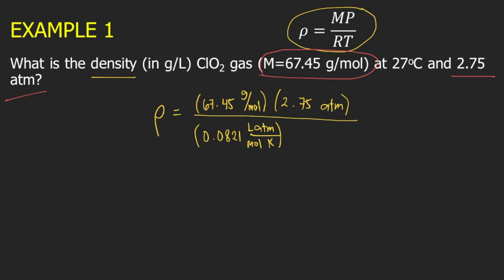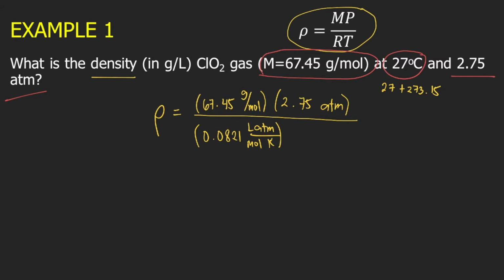Remember, as I told you a while ago, the temperature must be in Kelvin, and the given in the problem is 27 degrees Celsius. So we will convert first degrees Celsius to Kelvin. If you can recall, in order to convert Celsius to Kelvin, you just add 273.15.